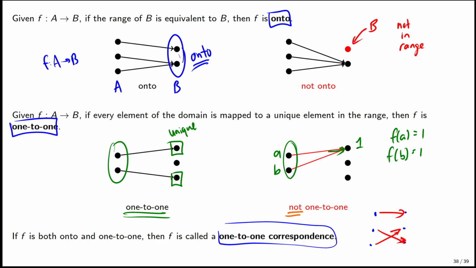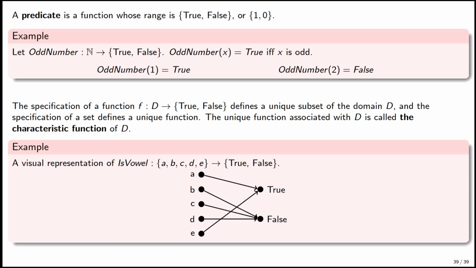So it would look something like this, where the element 1 in A goes to element 1 in B, 2 in A goes to 3 in B, and 3 in A goes to 3 in B. Basically, everything in B is being mapped to, and all those things are different. So you'll never find f of A and f of B going to the same thing. That's a 1-to-1 correspondence, and the best way to do this is just to draw everything out.